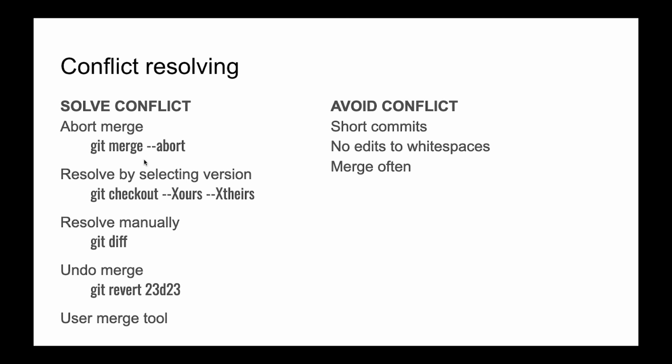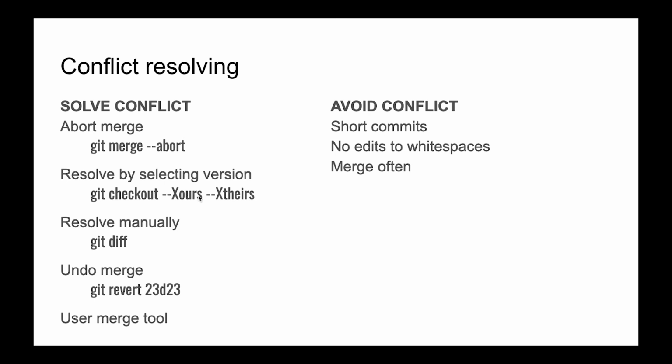Also, there are other options for solving conflicts. First of all, you can decide to abort and not resolve the conflict. For example, it's evening and you have no time for resolving the conflict because you need to choose what version will be committed. You can just abort and resolve this conflict the next day. Also, sometimes you can choose just somebody's version.